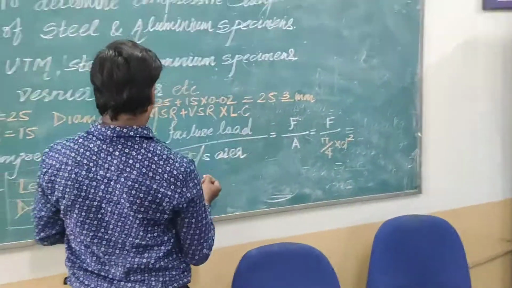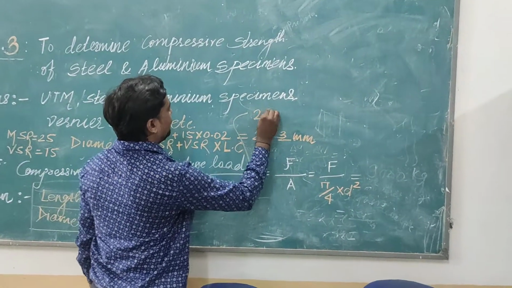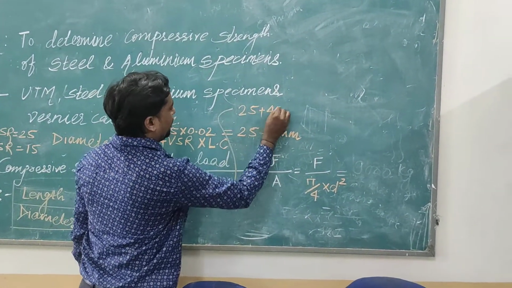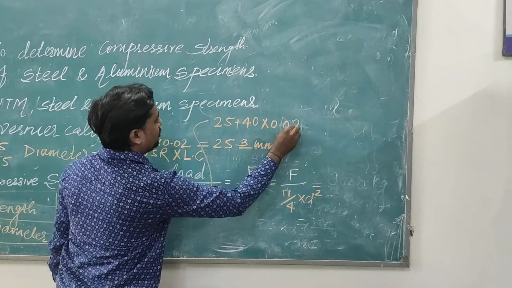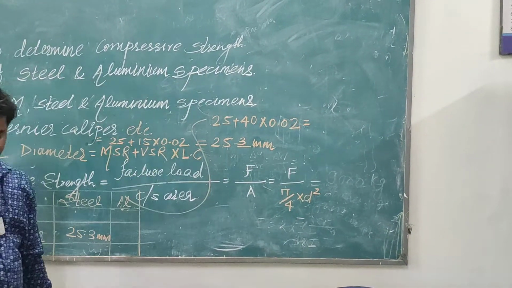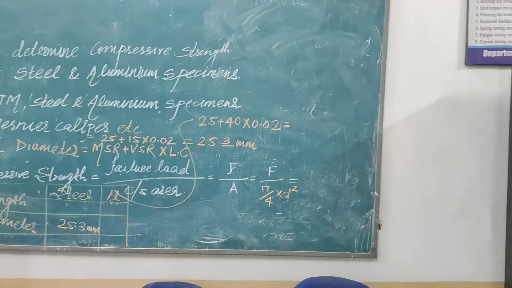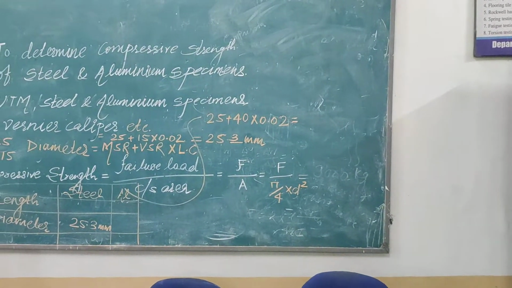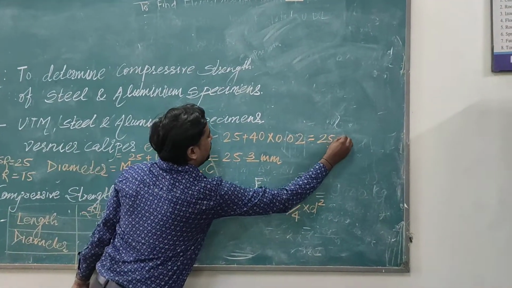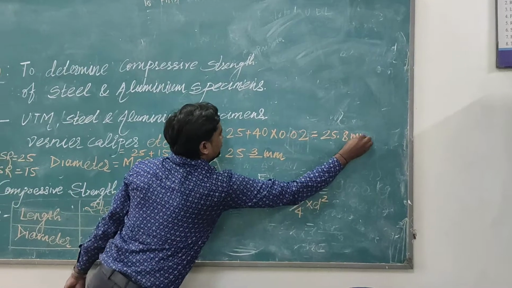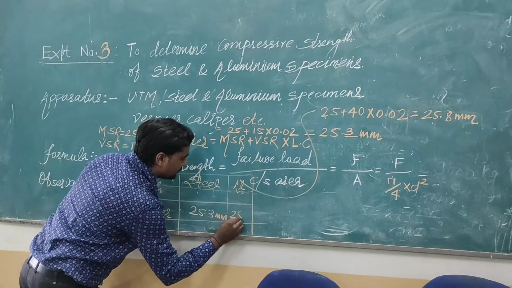So for aluminum, this reading is 25 plus 40 multiplied by 0.02. So it is 0.8, and the answer is 25.8 mm. So the diameter of aluminum is 25.8 mm.